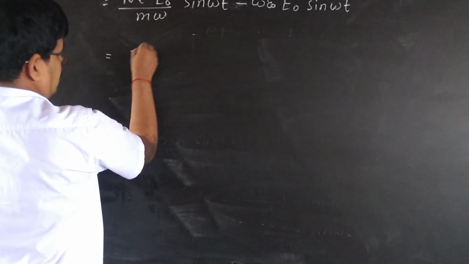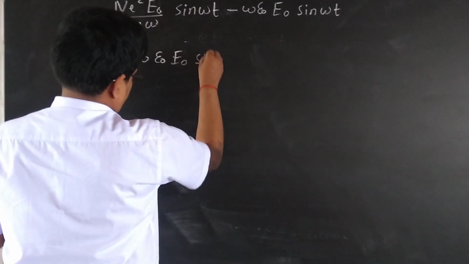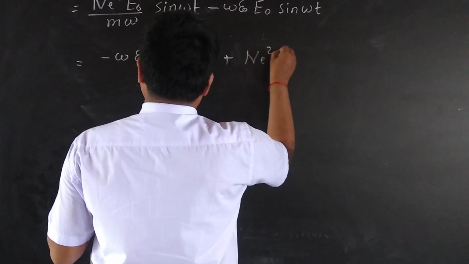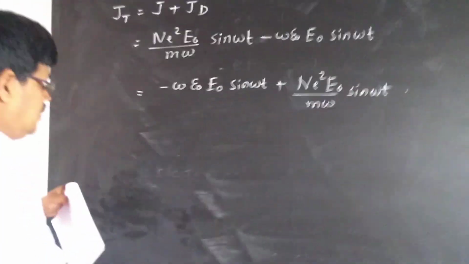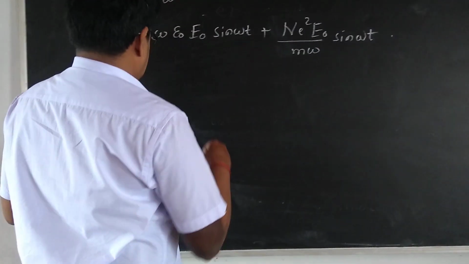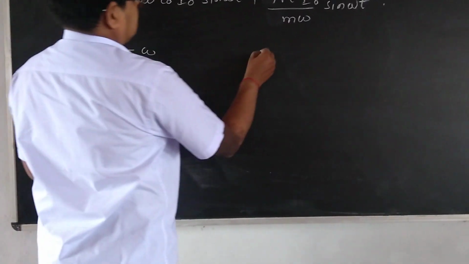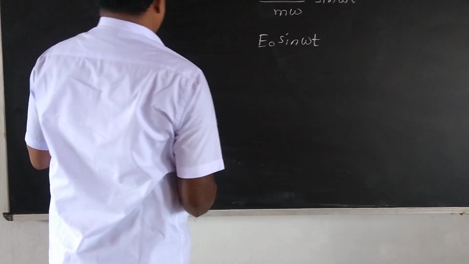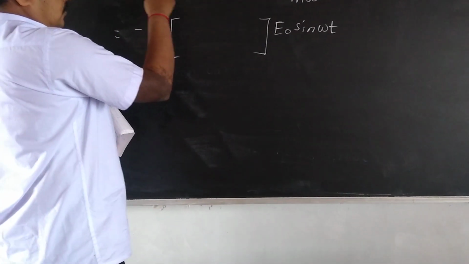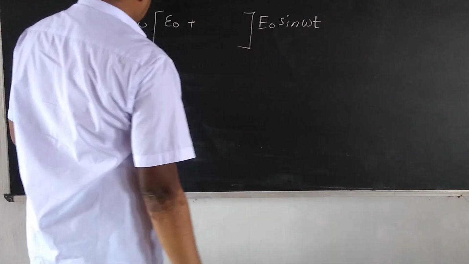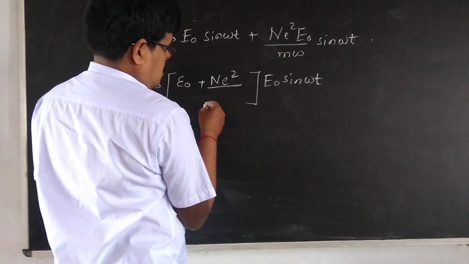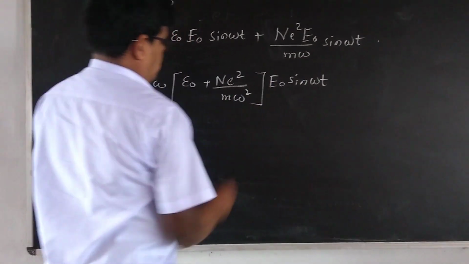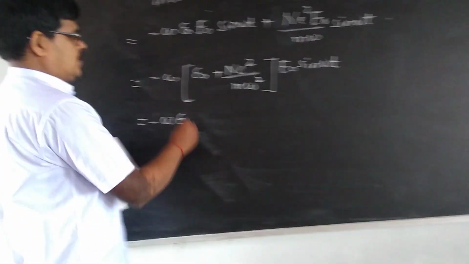Taking minus omega outside, and E naught sin omega t also outside, here I will get minus omega, epsilon naught plus N e square divided by m omega square. Correct.